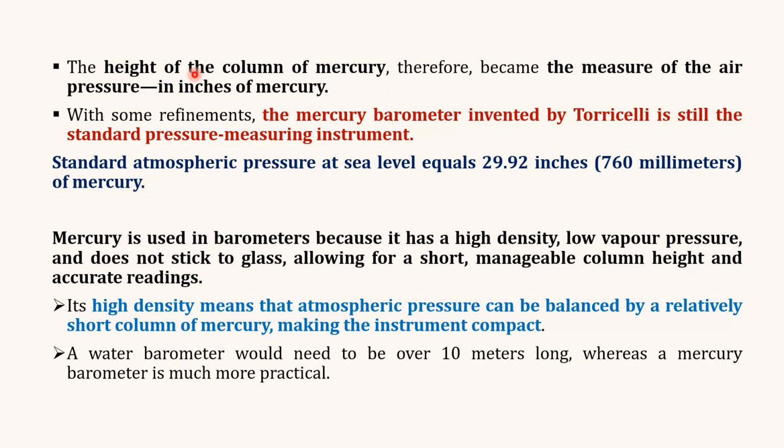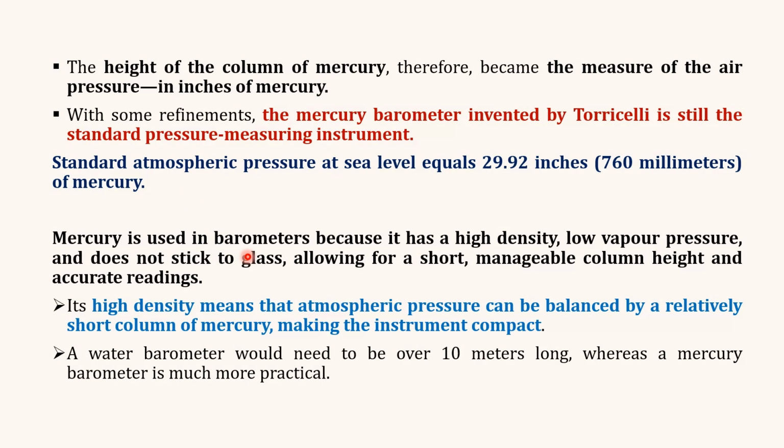Thus, the height of the column of mercury became the measure of the air pressure in inches of mercury. With some refinements, the mercury barometer invented by Torricelli is still the standard pressure measuring instrument. The standard atmospheric pressure at sea level equals 29.92 inches or 760 millimeters of mercury.